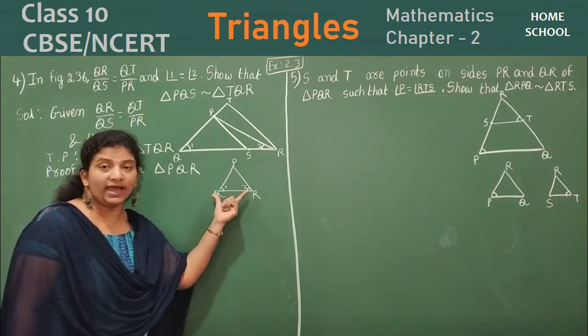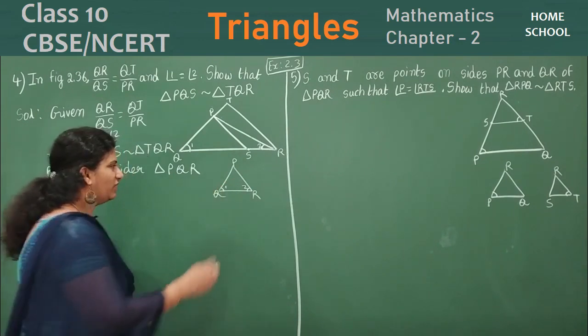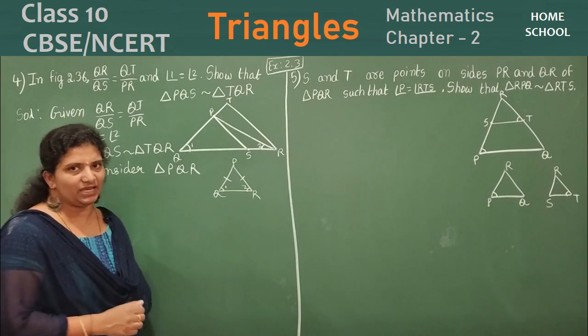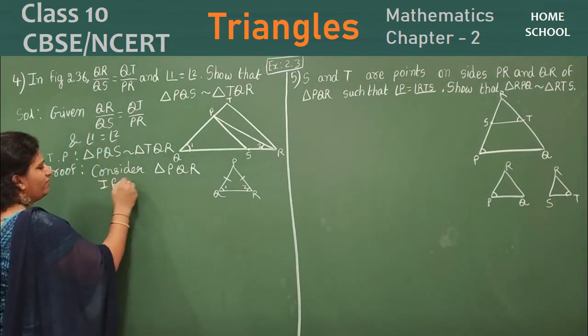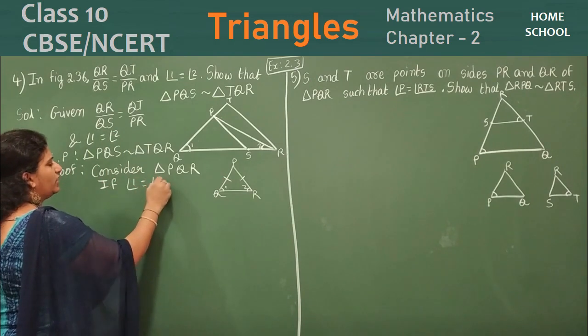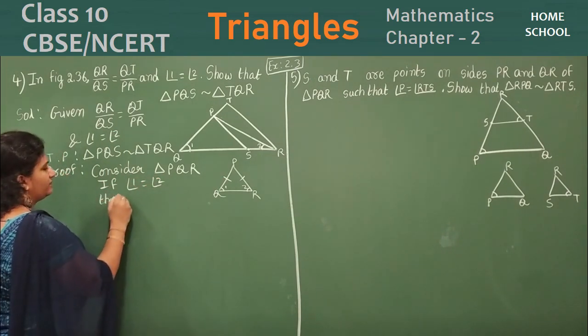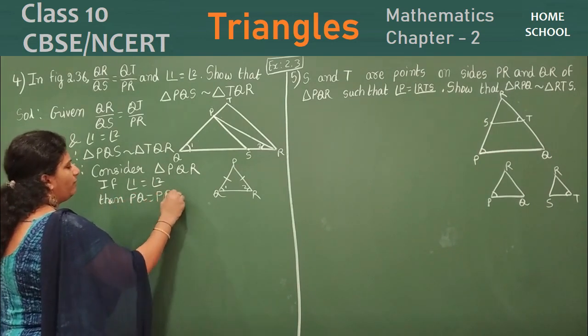If these 2 angles are equal, their opposite sides are equal. That means this side and this side are equal. So by the given data, if angle 1 is equal to angle 2, then PQ is equal to PR.